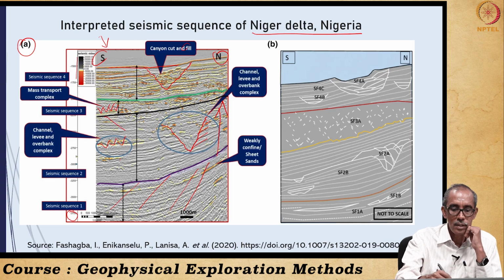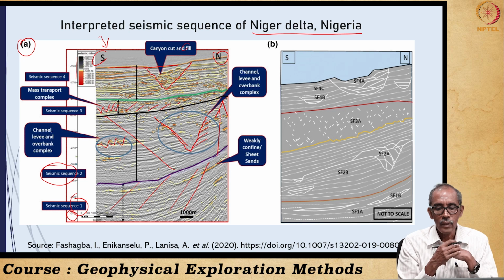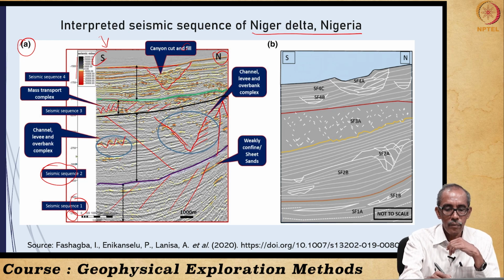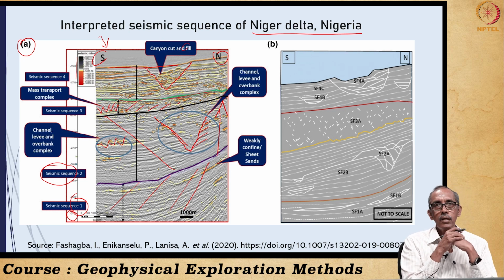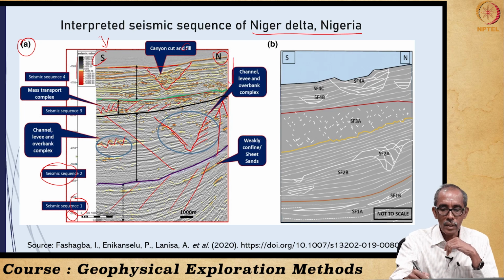Then this is the next major seismic zone, right. So, this is the first sequence, second seismic sequence, then there is a thin seismic sequence 3 marked by a major discontinuity, right, indicated in green color. Then there is the next sequence.